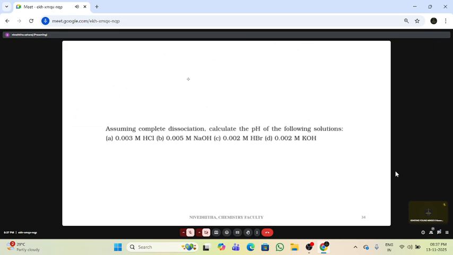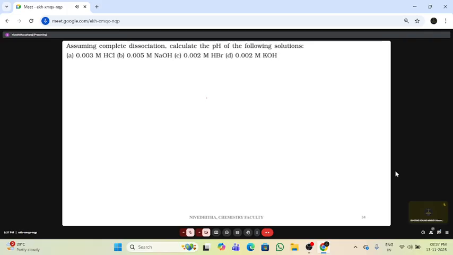For example, I'll give you a problem itself. Here is the question. Assuming complete dissociation, calculate the pH of the following solution. Here, HCl is an acid for which the concentration is given. An acid's concentration is not always equal to the H plus ion concentration.